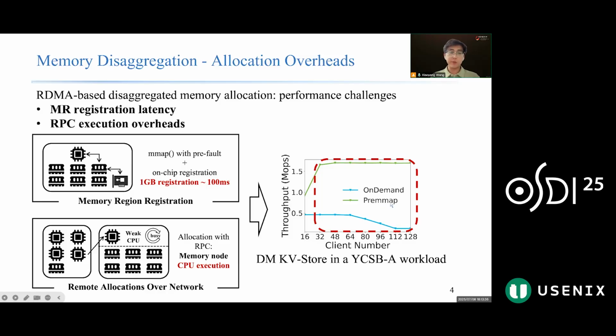Even with pre-registered memory, where we don't need runtime registration, the throughput plateaus after 32 clients, indicating that the RPC-based approach becomes bottlenecked by the memory node compute power as more clients are added.